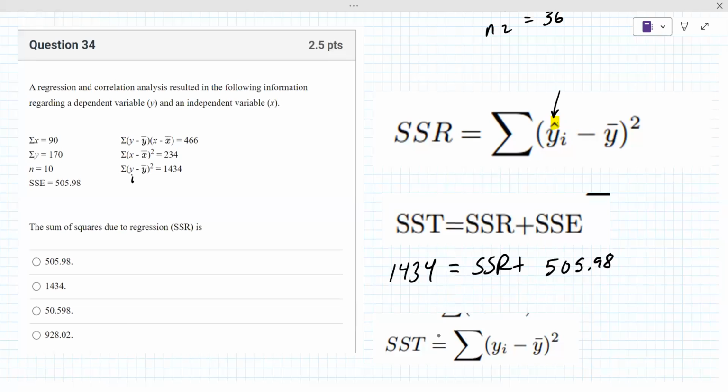So you can find SSR by solving that equation, subtracting 505.98 from both sides. The bottom answer, 928. Good, really good.